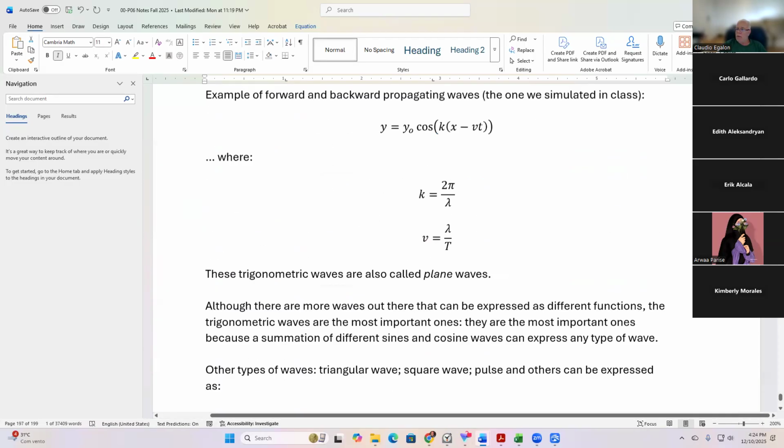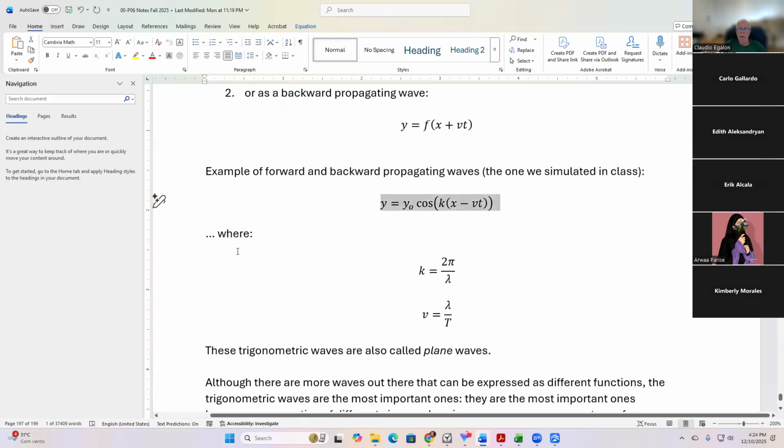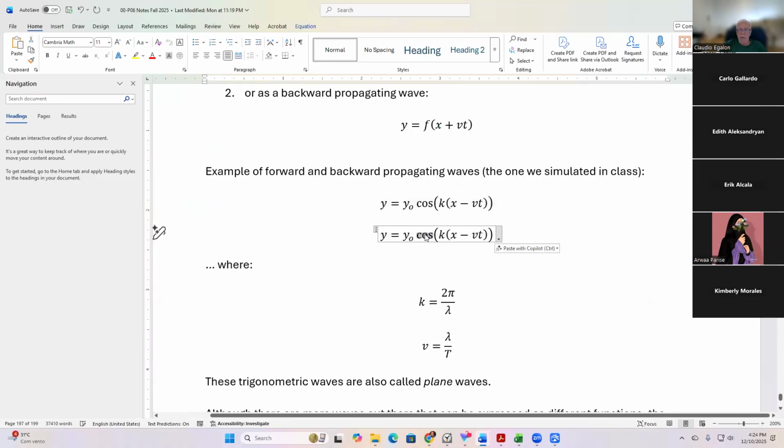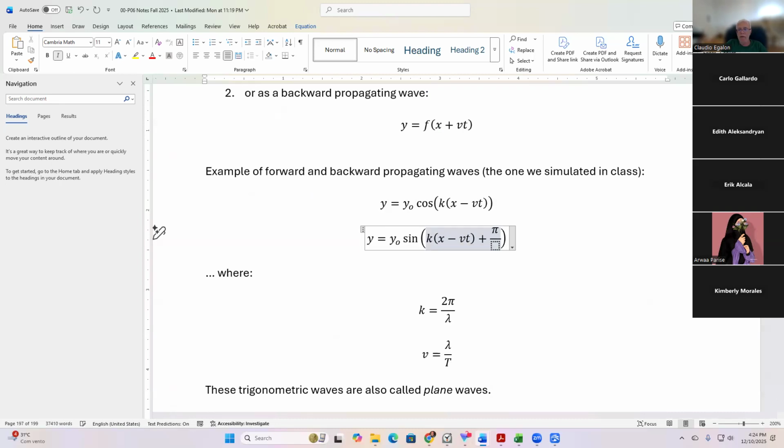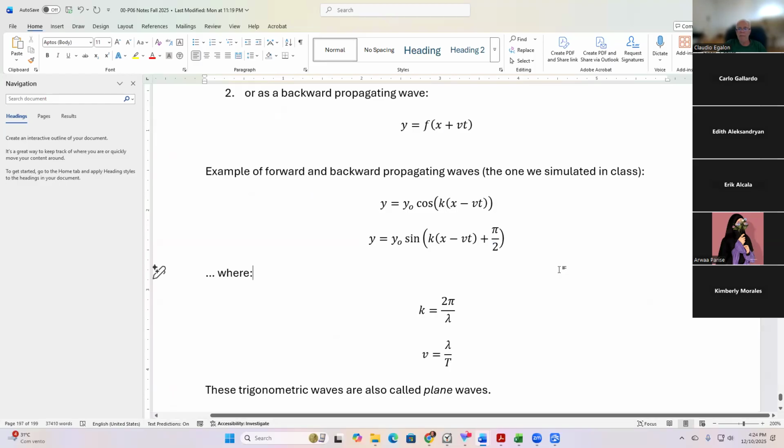Either the cosine or sine, it doesn't matter, because one is going to be equal to the other, you're going to have a phase difference only.